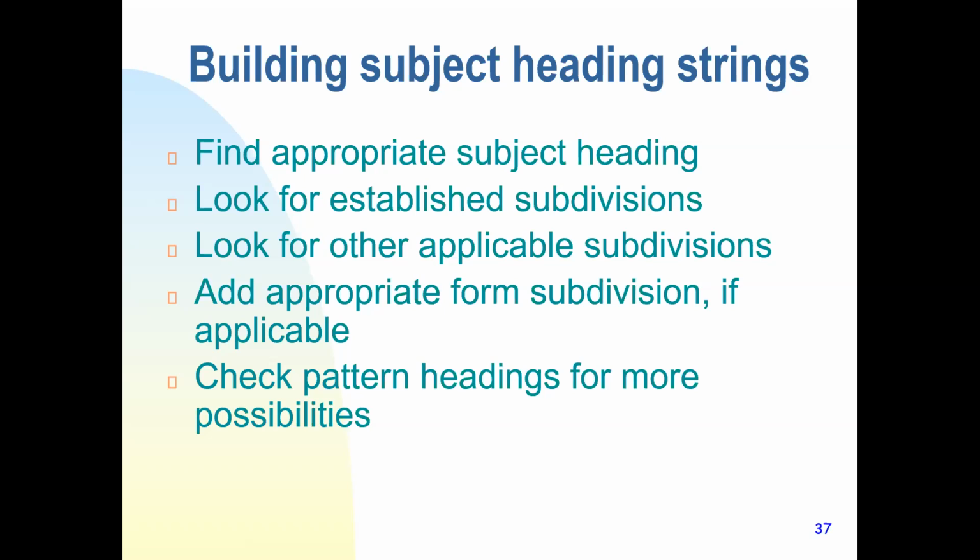Look for established subdivisions that you can add on to that to make a string, and then look for other applicable subdivisions. You can add a form subdivision to say that it's fiction or juvenile literature or whatever it is after, at the end of the string. And you can always check pattern headings for more possibilities.